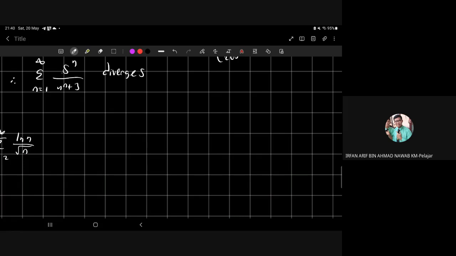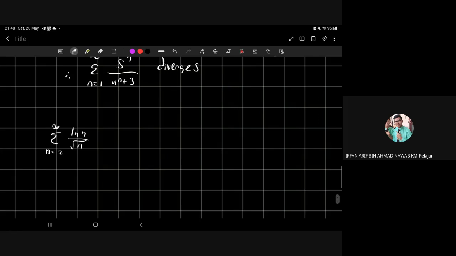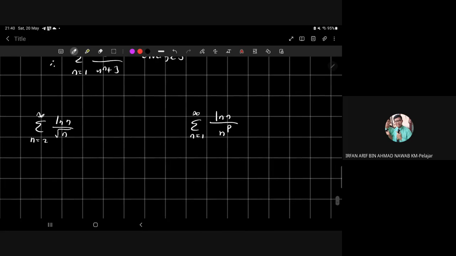Oh, I didn't bring it. But if I recall, on some series, say we have this series ln n over n to the power p, we could use, I believe, limit comparison or direct comparison. But now the question is, which series is suitable to apply it to?